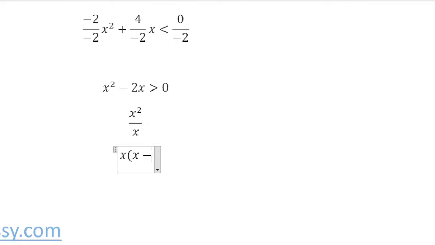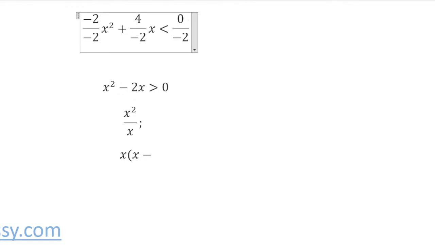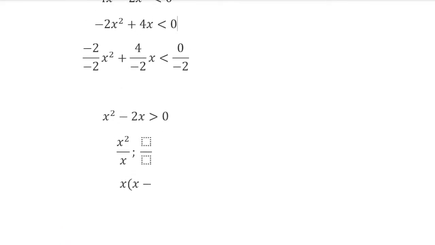Then you say minus. Then 2x divided by x, then we'll be left with 2, so that's why we have 2 here, is greater than 0.